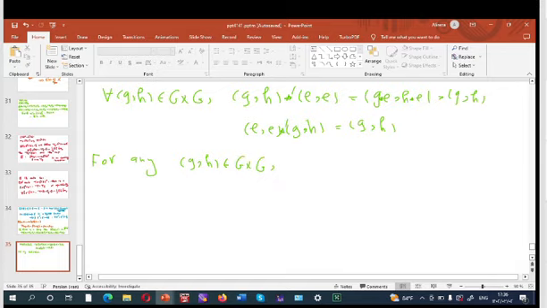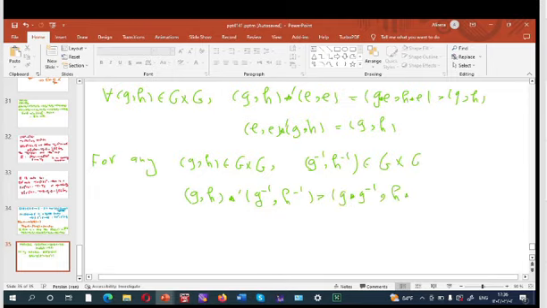We see that (G inverse, H inverse) is an element of G times G, and we have these equalities. This is equal to (G star the inverse of G, H star the inverse of H), and this is equal to (E, E), the identity element.